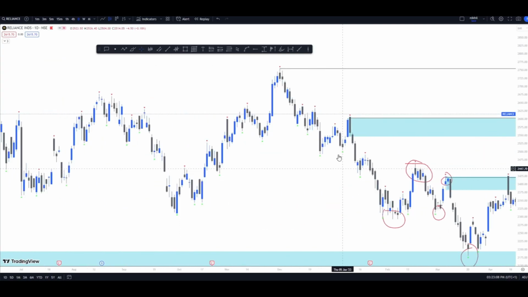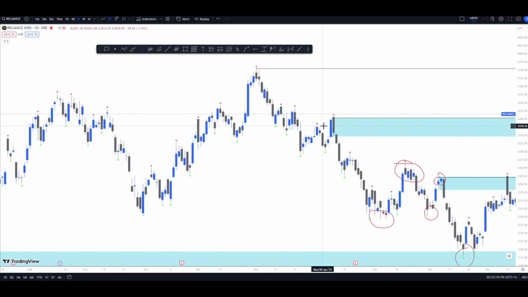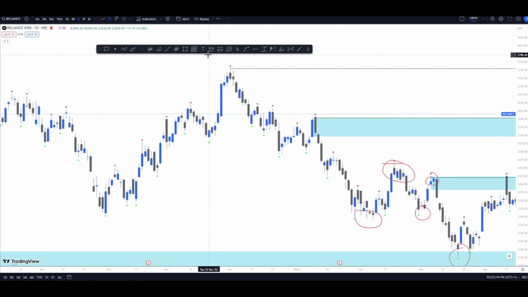सो यहाँ पे भी आप देख सकते हो कि वी टुक आउट दिस हाई एंड अचानक से एक ग्रीन कैंडल बना, सेकंड कैंडल रेड कैंडल बना, एंड देन मार्केट रिवर्स हो गया. वाई? बिकॉज इट गॉट enough liquidity to fuel the market towards the downside.